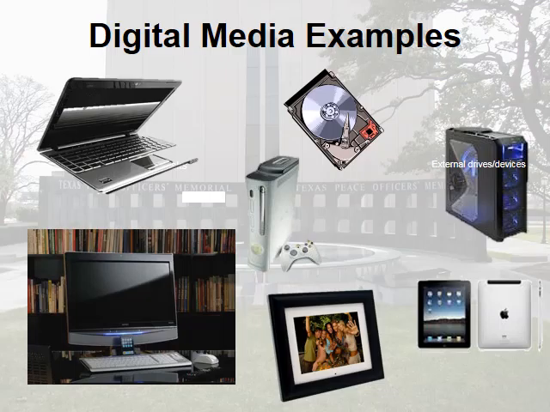And then the media examples, hard drives again, picture frames. You've got a storage device in that picture frame, digital picture frames obviously, that doesn't necessarily just contain the pictures that are displayed on it.